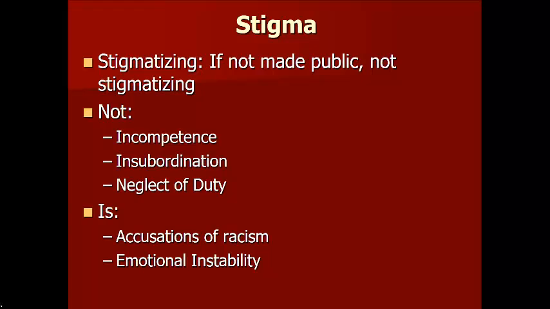But it's not that you cannot be let go for these reasons. It's just that these are reasons why a stigma could be attached to your release, okay, if these things were made public. So a lot of this then evolves around tenure.